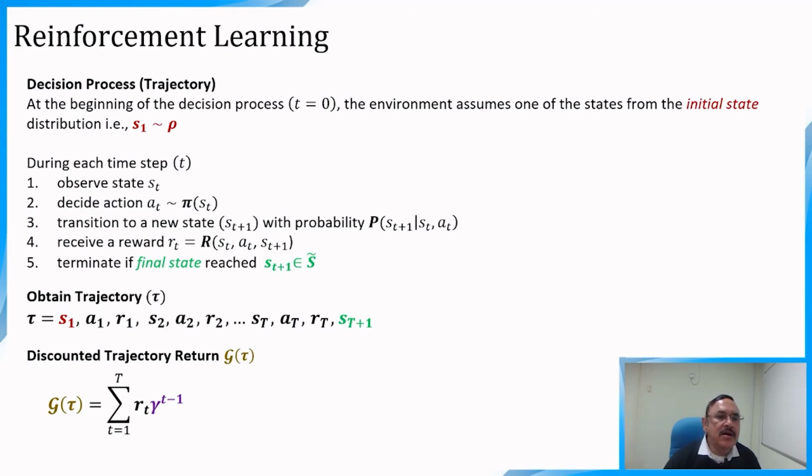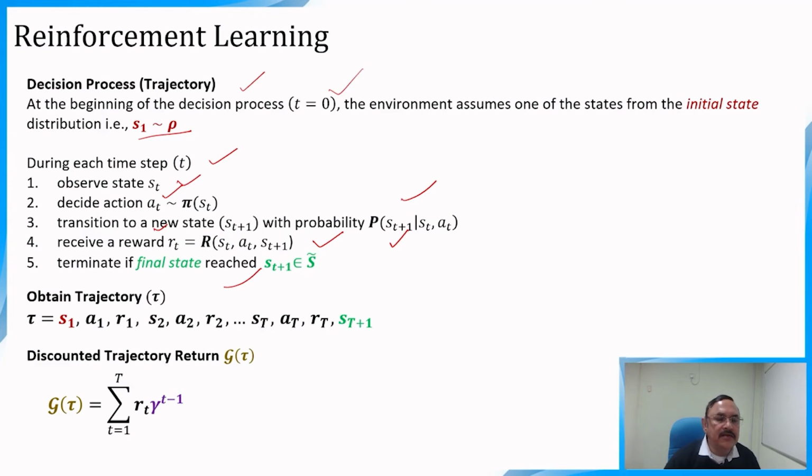So, in the reinforcement learning decision process, let us take this particular trajectory. At the beginning of the decision process at time t is equal to 0, the environment assumes one of the states from the initial state distribution, and during each step t, observe the state S t, decide the action, that is A t, and make a transition to the new state with the probability to reach this S t plus 1 new state, receive the reward and terminate if the final state is reached.